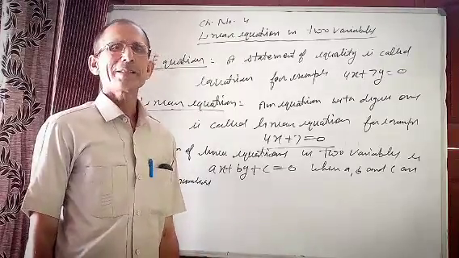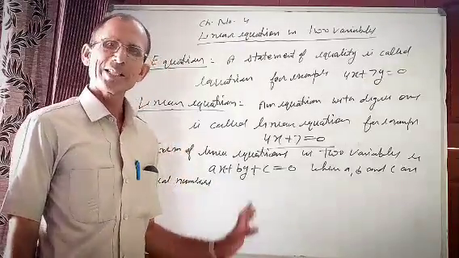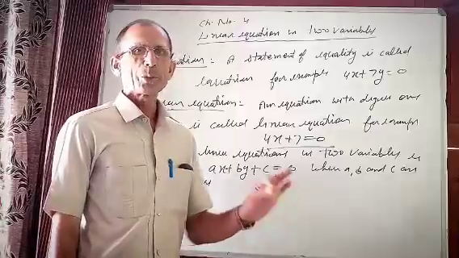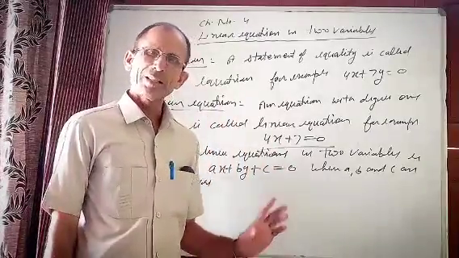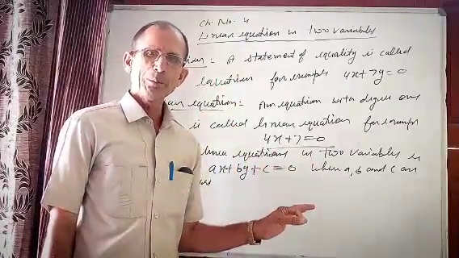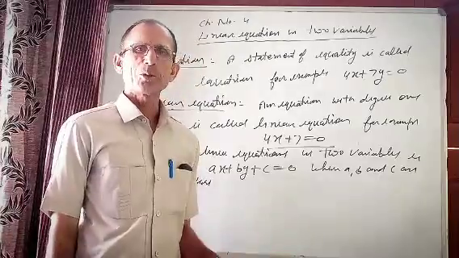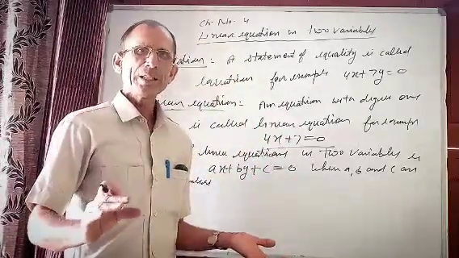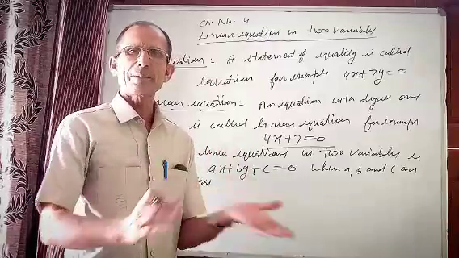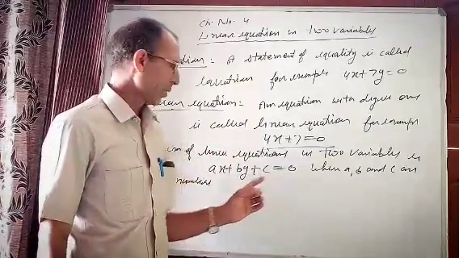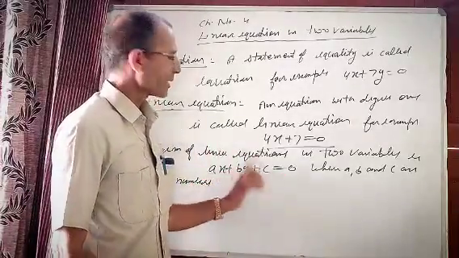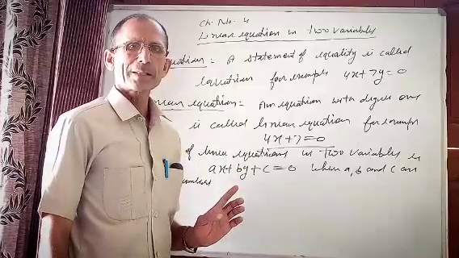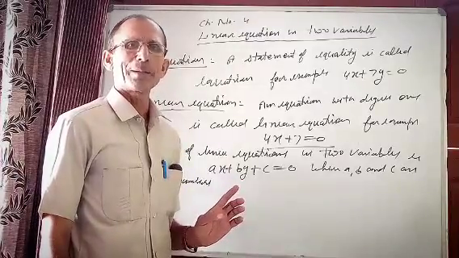Minus 5 is a negative integer, it is real also. 2 is a natural number, it is real. 0 is a whole number, but it is real also. So a, b, c are real numbers. 0 is also a real number.